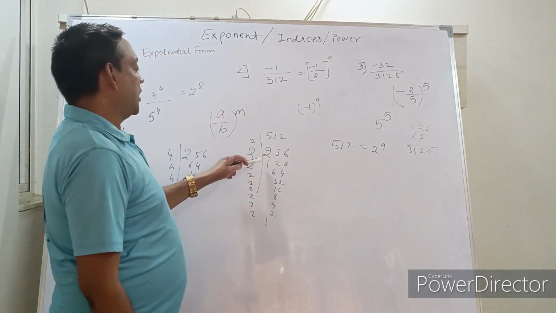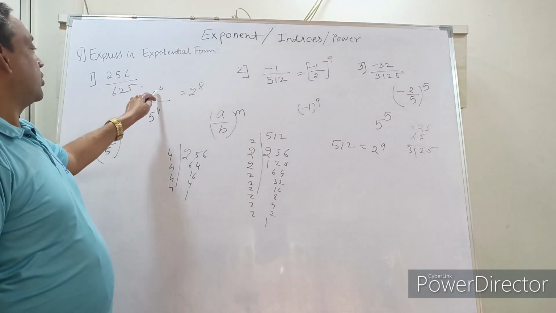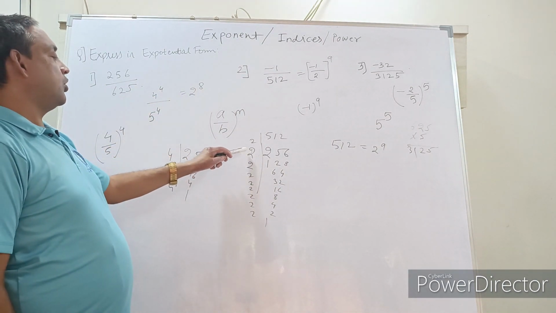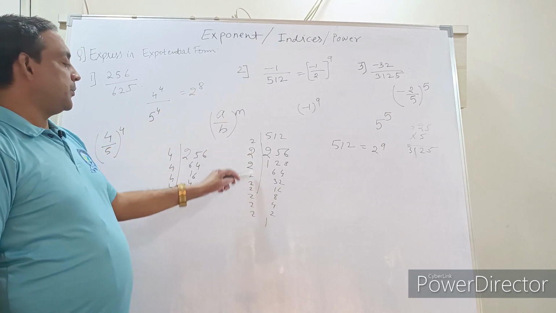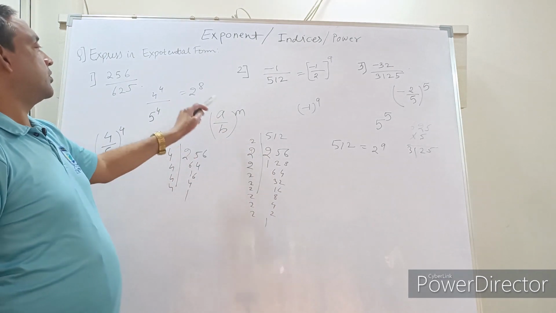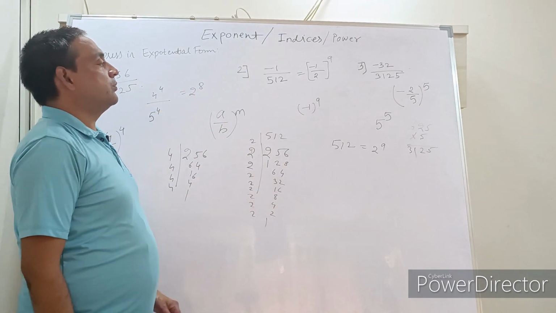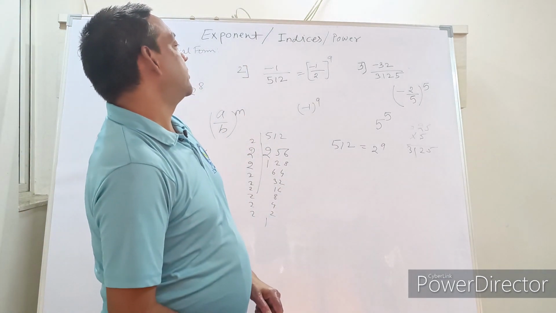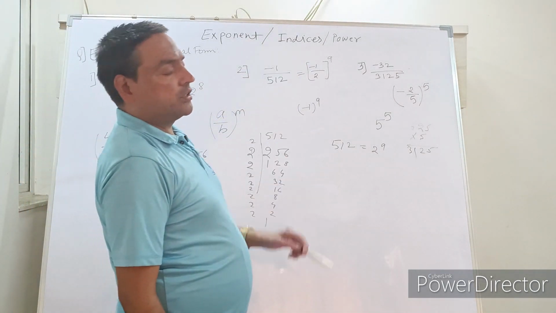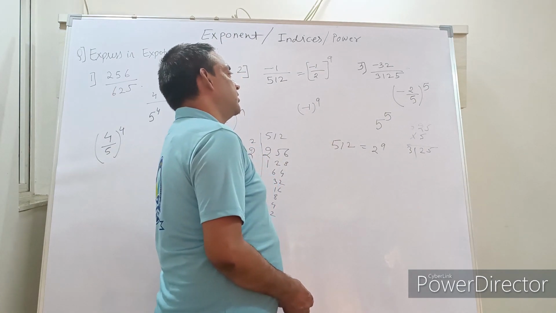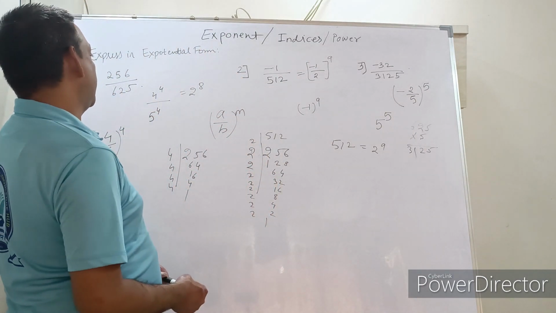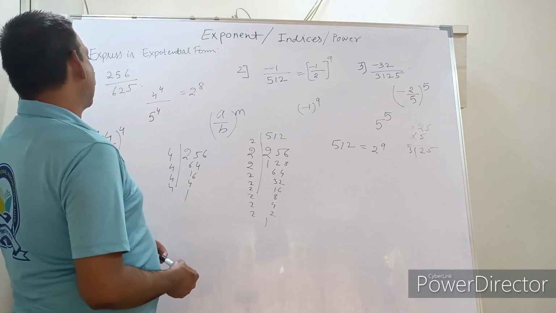Then we did 256 as 2 raised to 8, and 512 is just double of this, so if this is 8, that will be 9. So minus 1 upon 2 raised to 9, where 2 raised to 9 gives you 512. Again, this totally depends on the calculation. If your calculation is good, you can easily solve it; otherwise it will take some time, but if you practice, you can easily solve the sum.